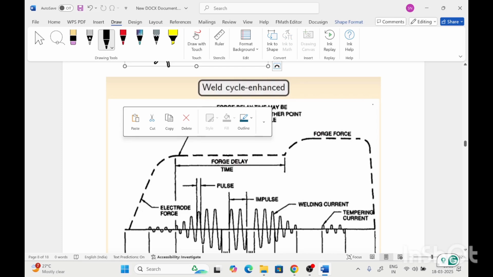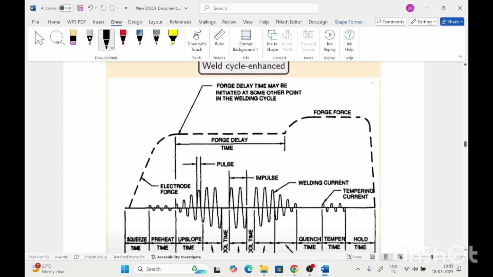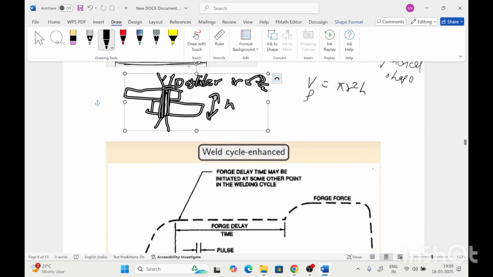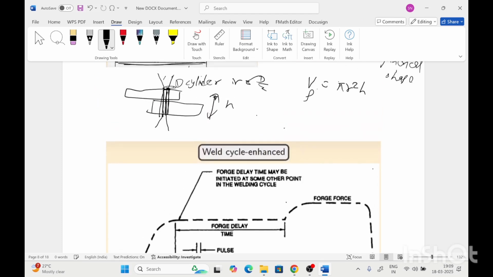So the enhanced weld cycle for resistance spot welding can be shown by this picture. We can also calculate the weld nugget diameter using the thickness of the welding plates.